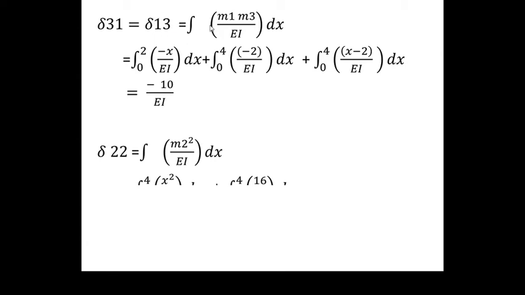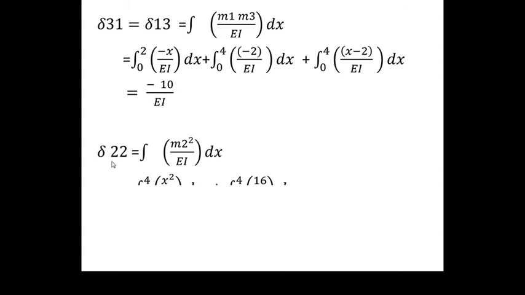This is how we get this formula: integration of m1 m3 divided by EI, EI is constant, into dx, is equal to 0 to 2 of minus x by EI dx for span DC, plus integration 0 to 4 for BC span of minus 2 divided by EI into dx, plus 0 to 4 of minus x minus 2 divided by EI into dx, here AB span. Integrating with respect to this value, we are getting minus 10 divided by EI.